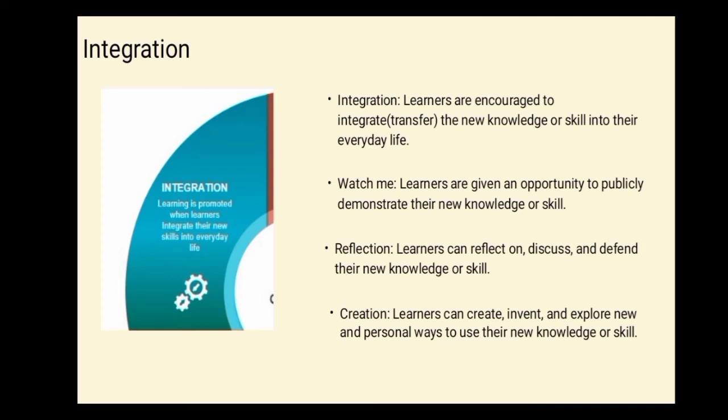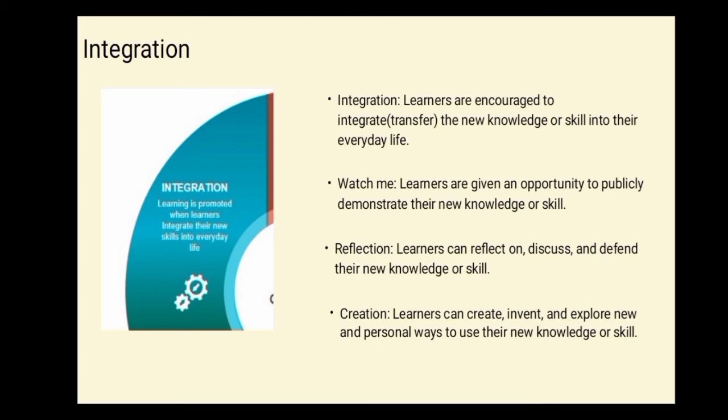So the learning is effective when learners acquire new knowledge and the first desire is to show a close friend or associate a newly acquired ability. So if the learners show their new skills or the newly acquired learning, then the learning process is effective.